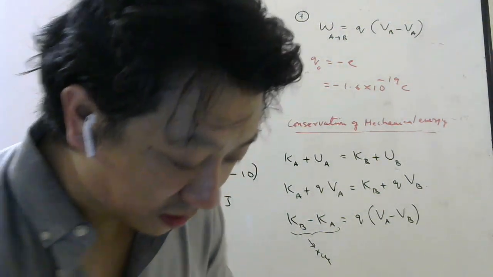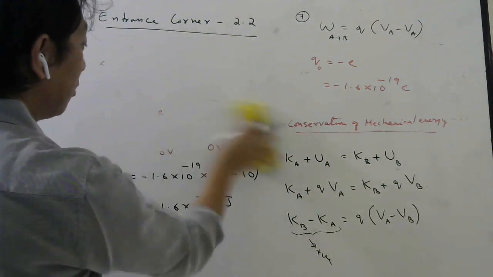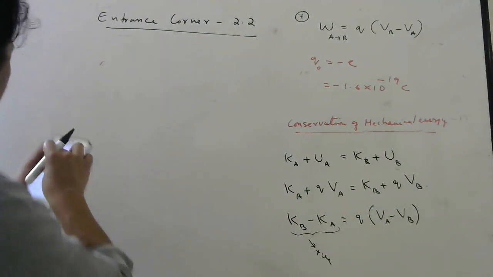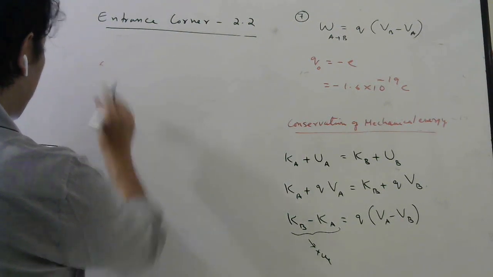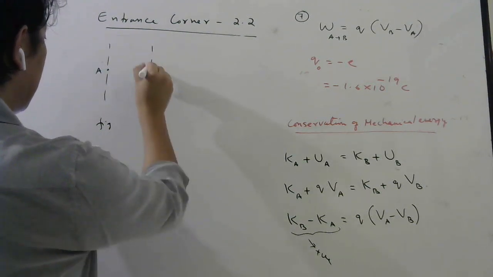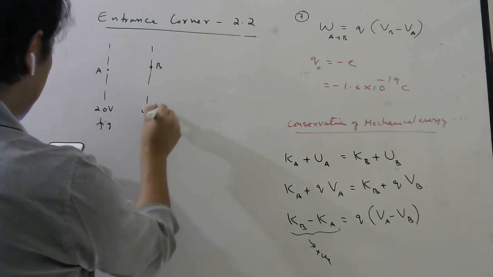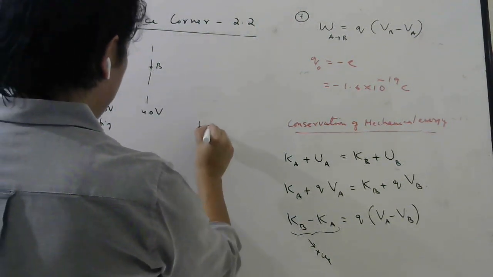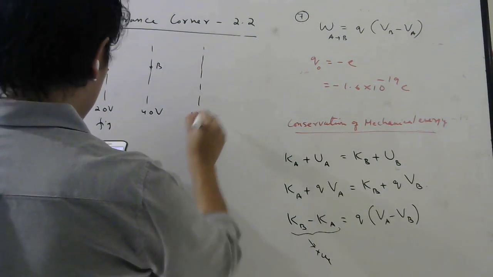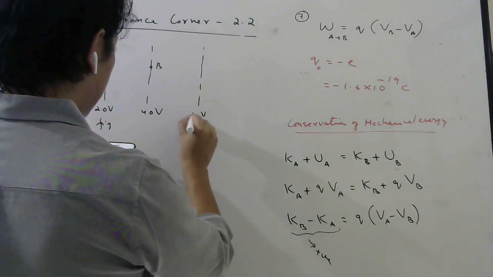If you see the first figure, those lines are representing equipotential lines. Every point on a line will be at the same potential. For the first figure, if you observe carefully, point A is on this line, point B is on this line. This is 20 volt, this is 40 volt. Then in figure 2, point A is on the second line, which is 20 volt.